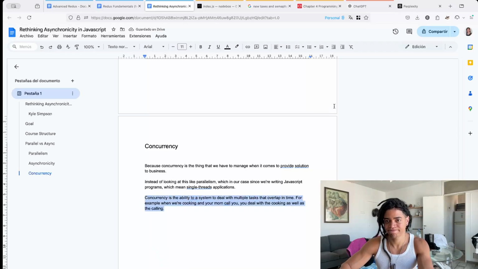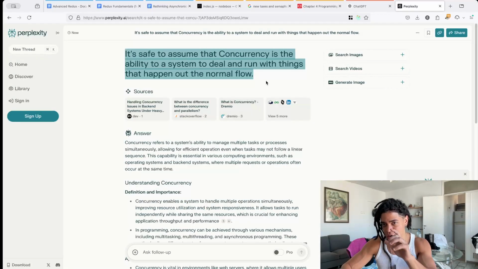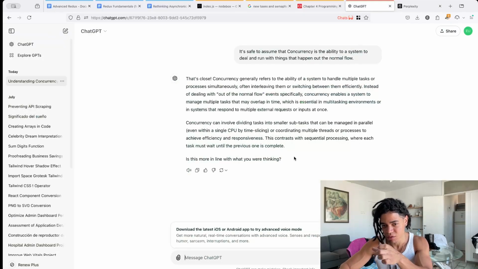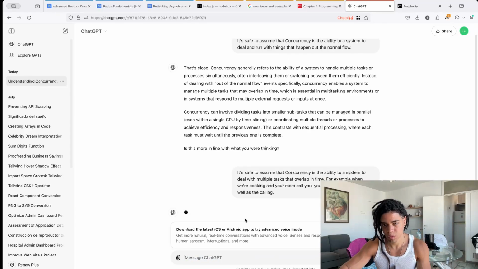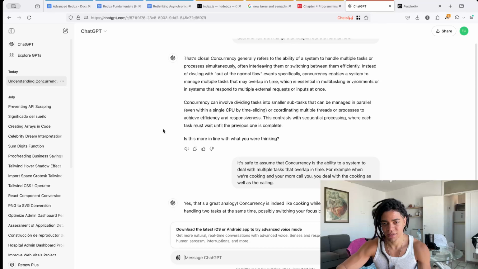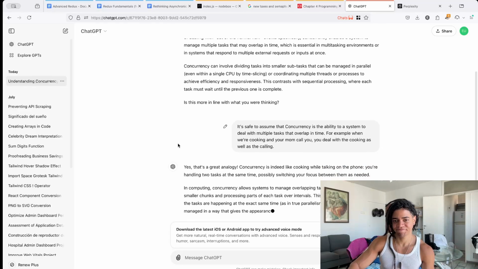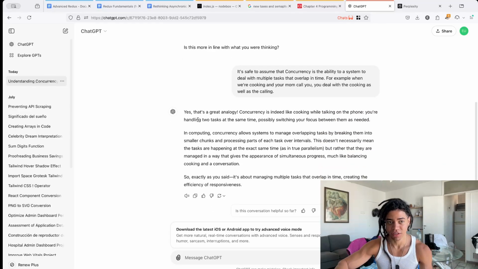And this understanding can give you a lot. Yes, that's a great analogy, and this is important to see, according to ChatGPT.